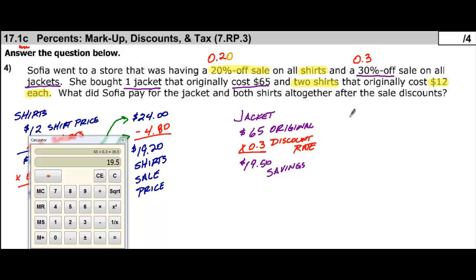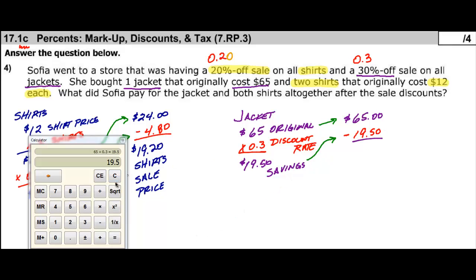So I need to take the original, the 65. I need to subtract the 19.50. So I brought over the original, brought up the savings.